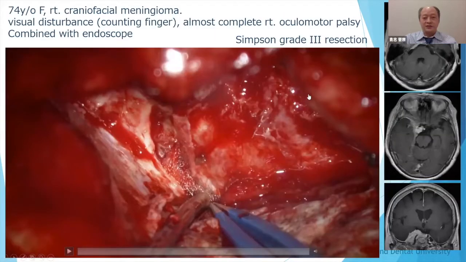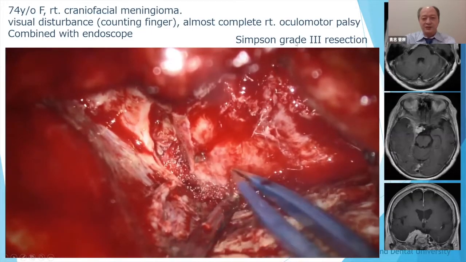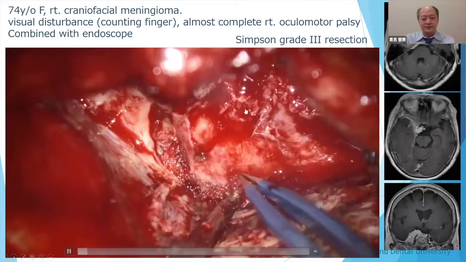The next one has a craniofacial meningioma, and she had almost complete visual disturbance, only counting fingers, and almost complete right oculomotor palsy. Then I have to remove the tumor in the oculomotor cave to recover the oculomotor nerve function.